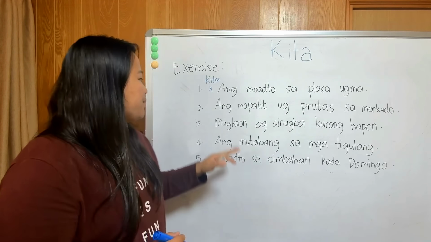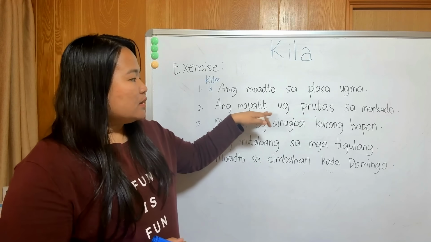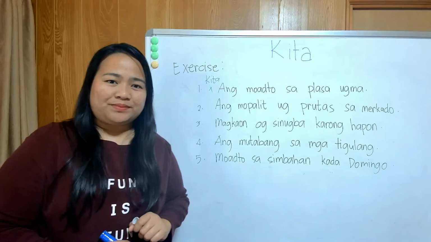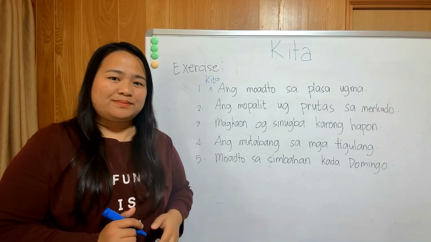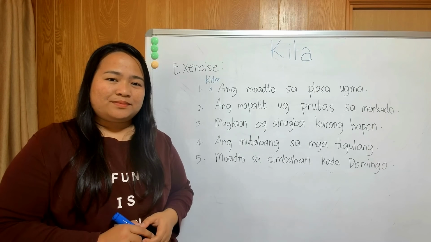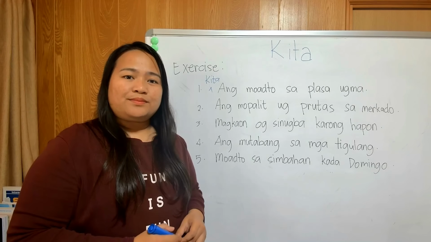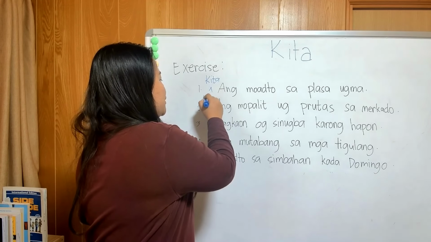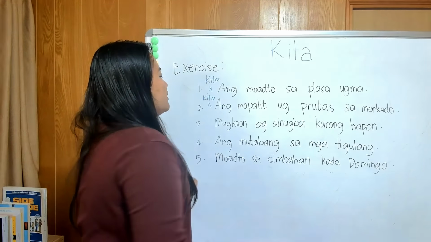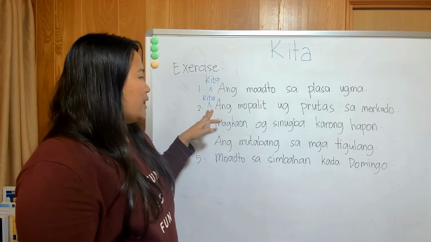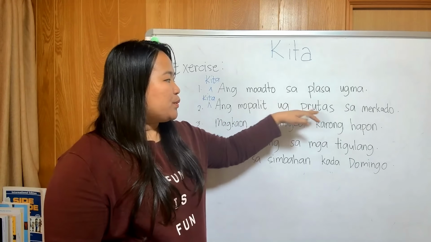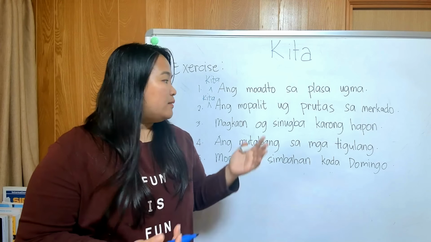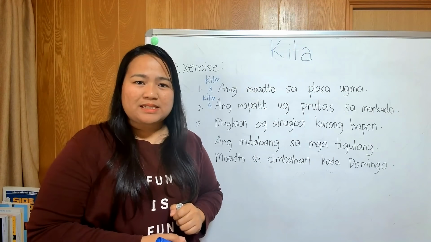Number 2. Ang mupalit og prutas sa merkado. The answer is the same. You put kita at the beginning of the sentence. So kita ang mupalit og prutas sa merkado. It means we will buy fruits at the market.